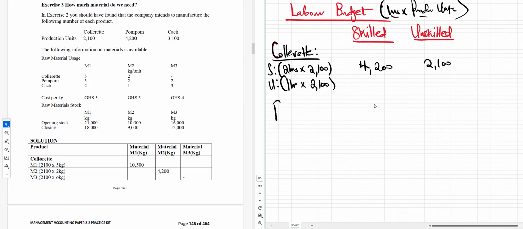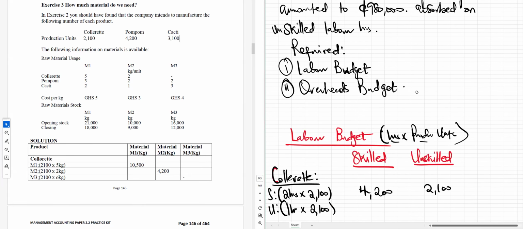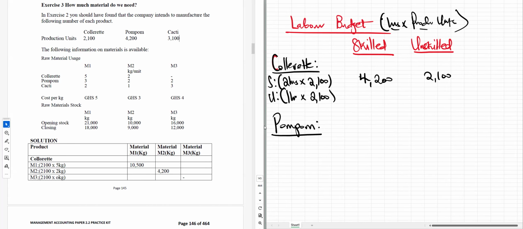Okay, so let's go to pom pom. 3 hours and 1.5 hours, right? So for skilled, it was 3 hours by the production, and for unskilled, it was 1.5 hours by the production.